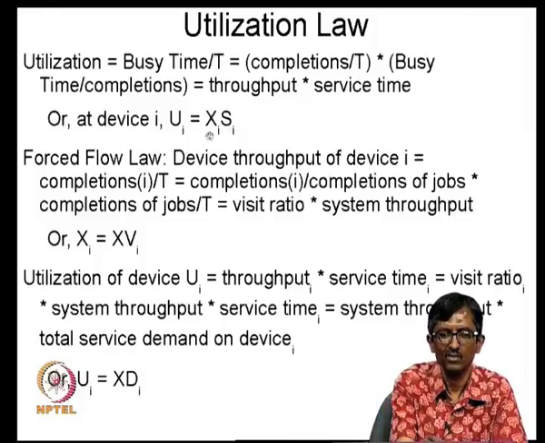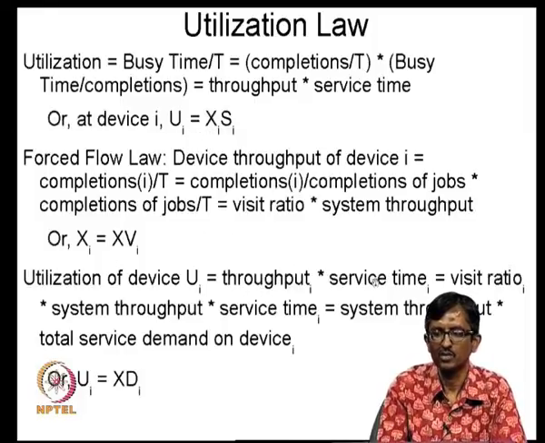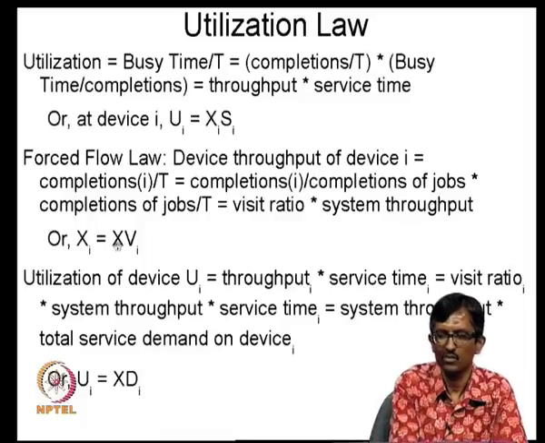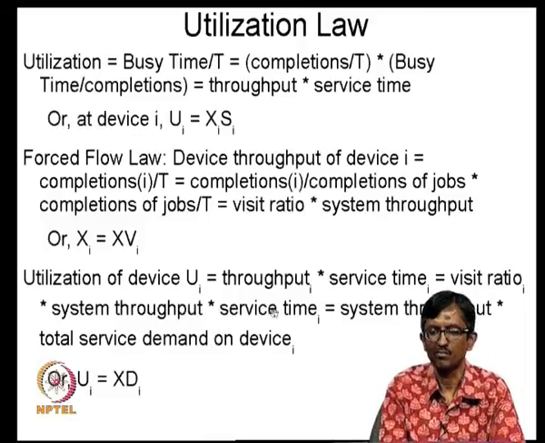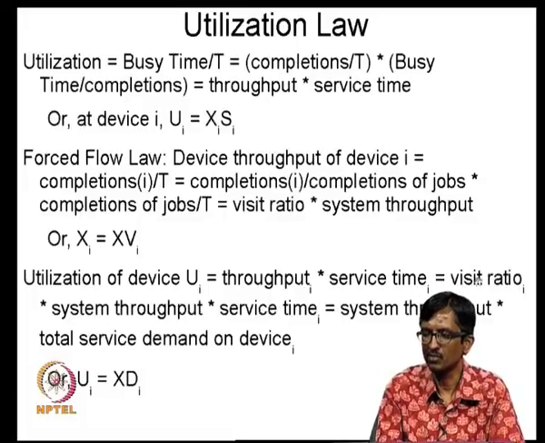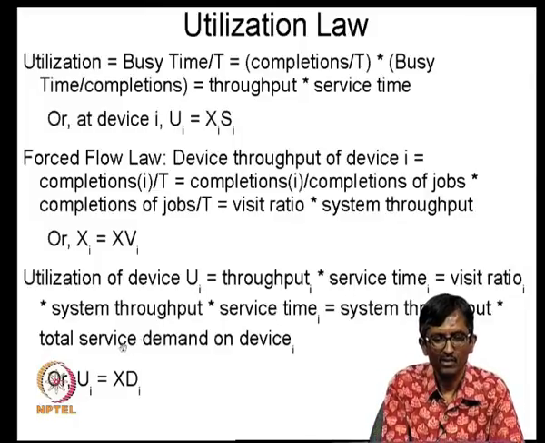First I start with throughput into service time, but throughput is given by this. So, I put visit ratio and system throughput here. Now, I can take out system throughput, and what remains is visit ratio into service time. That is basically the total service demand.